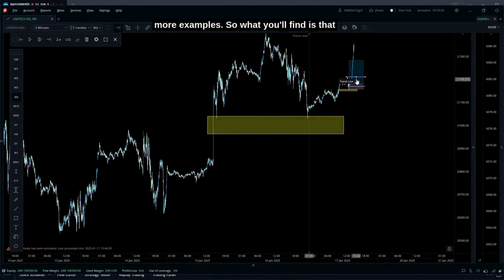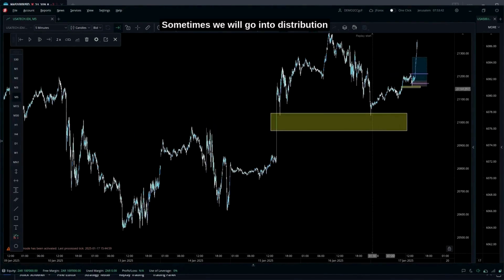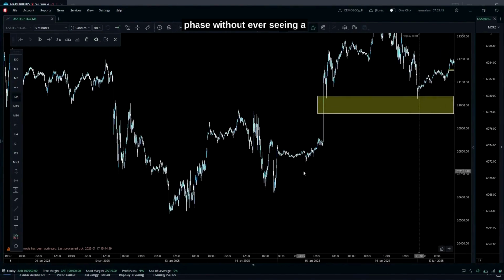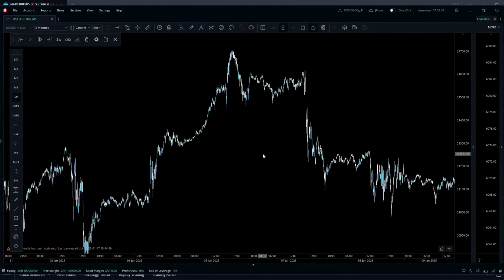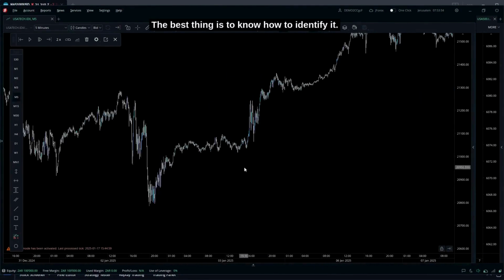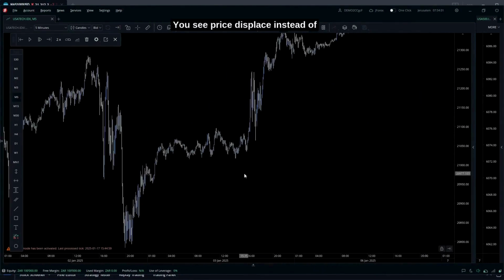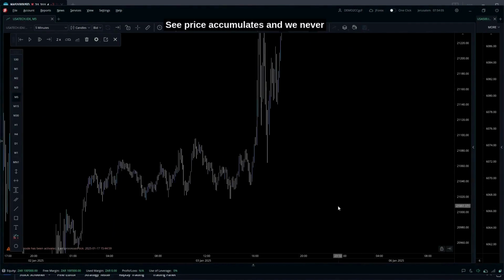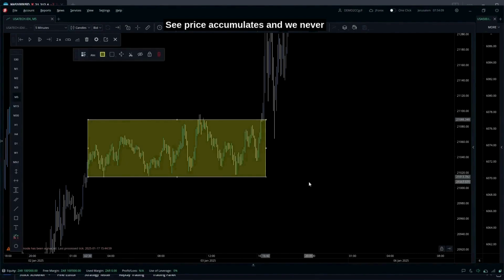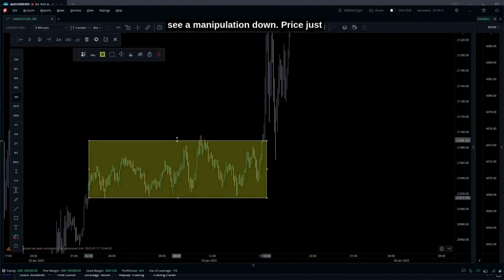So what you'll find is that we don't always manipulate. Sometimes we will go into distribution phase without ever seeing a manipulation. And that's fine. The best thing is to know how to identify it. If you see price displace instead of manipulate, like in this example, see price accumulates and we never see a manipulation down.